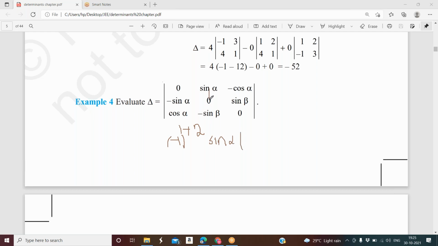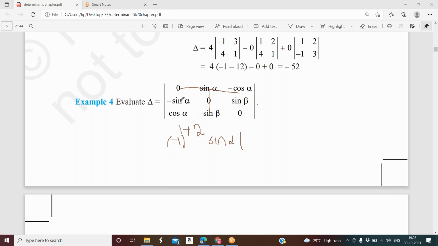When I consider this sine alpha, I have to delete the row containing sine alpha as well as the corresponding column containing sine alpha. So the remaining elements are minus sine alpha, sine beta, cos alpha, 0. I can see a 2 by 2 matrix.